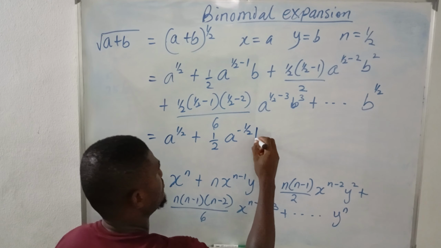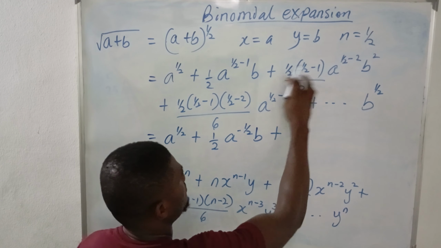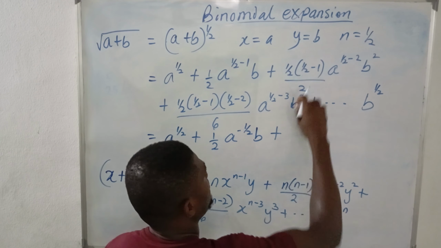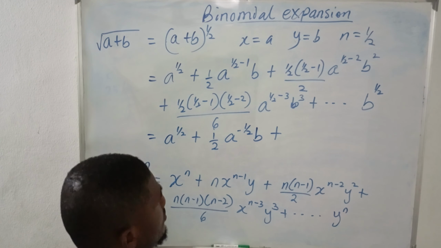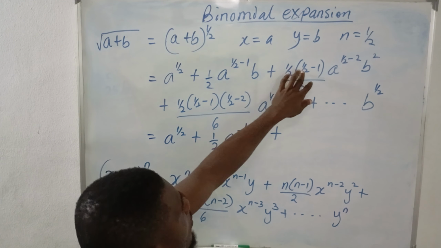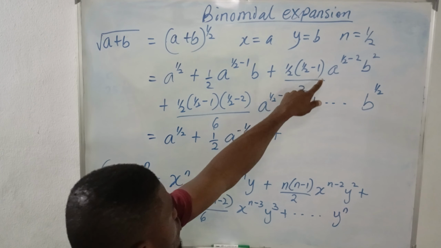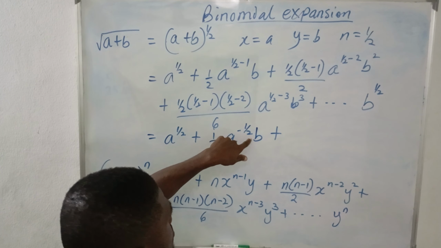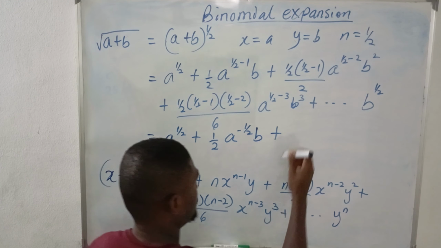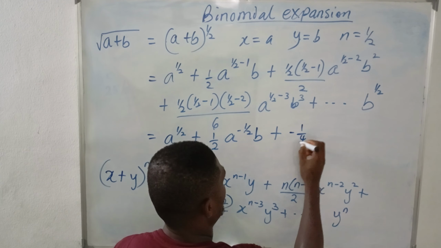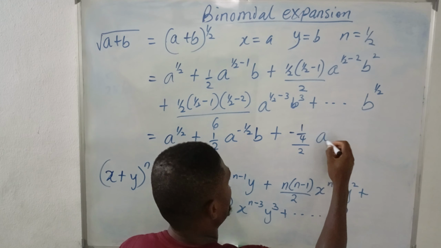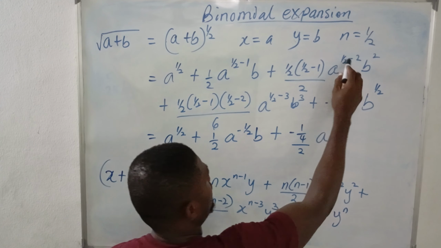And then we have B, put it down, plus 1 over 2 times 1 over 2 minus 1, which we had here already, is 1 over 2 times minus 1 over 2, which is minus 1 over 4. So we have a negative 1 over 4 divided by 2. And then we have A raised to the power of 1 over 2 minus 2.